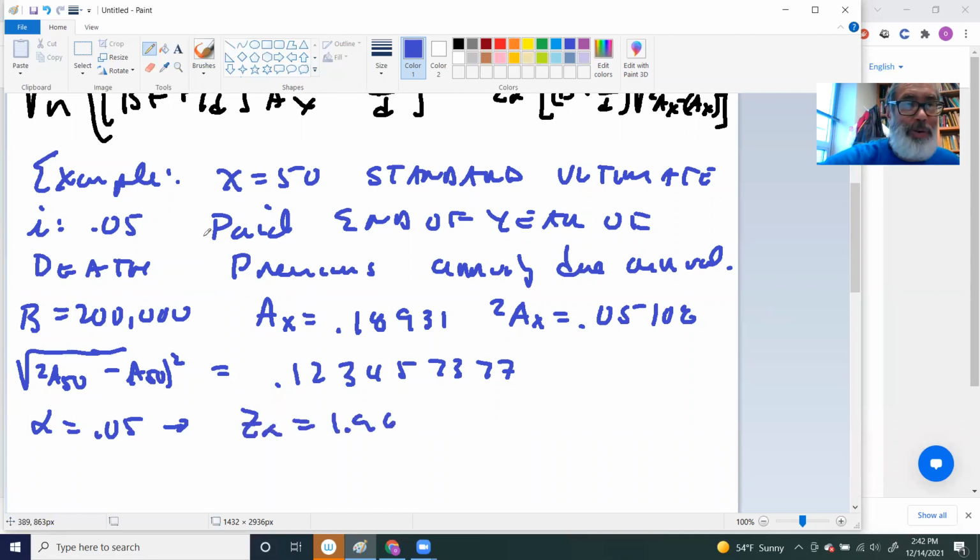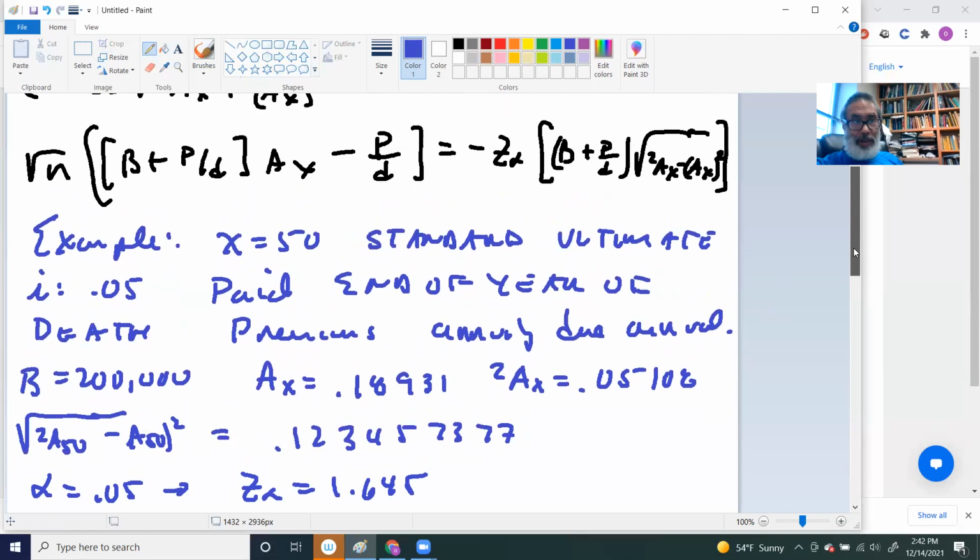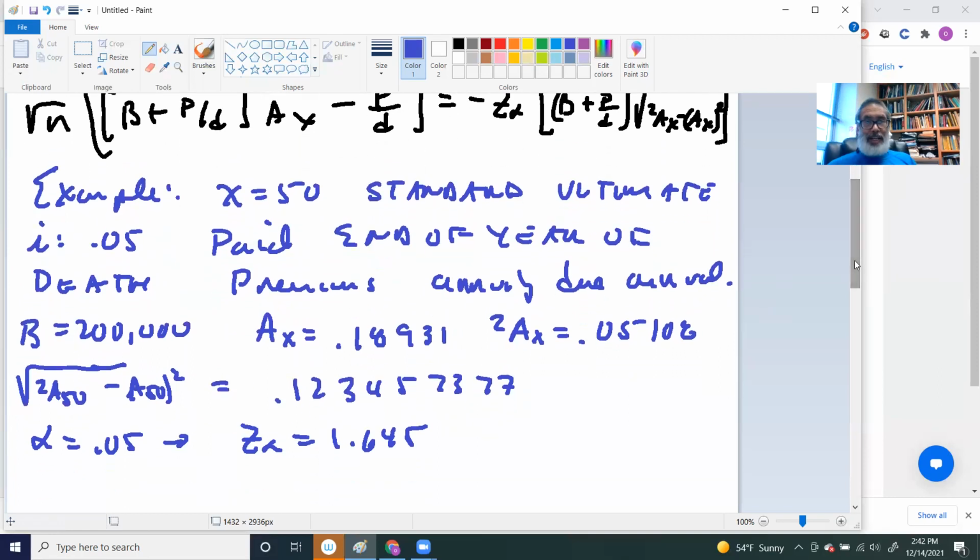Nah, I screwed that up, 1.645. Almost got too right. Single tail, right? Single tail. So our equation here, this equation that we have up there, and let's say our n is 100 squared.